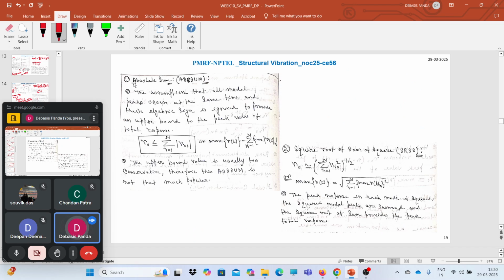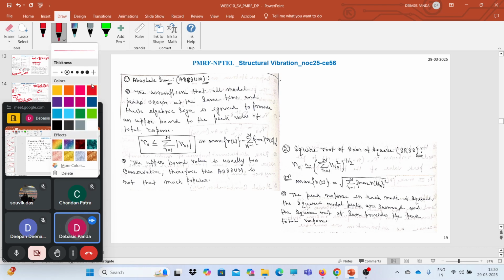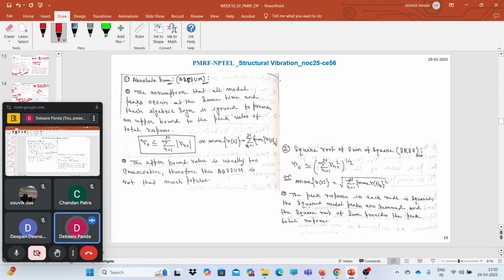So there are some rules, like the absolute sum rule. In the absolute sum rule, we assume that all modal peaks occur at the same time and the algebraic sign is ignored. We consider that all the peak values, or the peak responses, will occur at the same time.